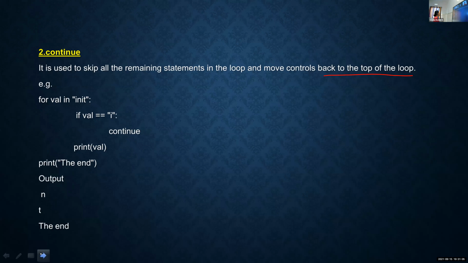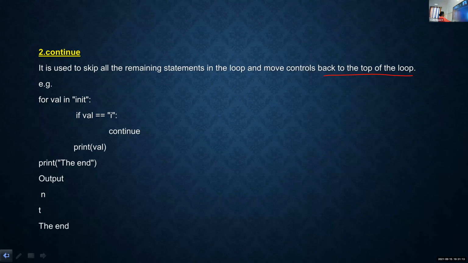So here, for val in init, the word is init, the first value of val is I. Here it will check I equal to I. It is true, so it will execute continue, which means the control moves to the top of the loop.